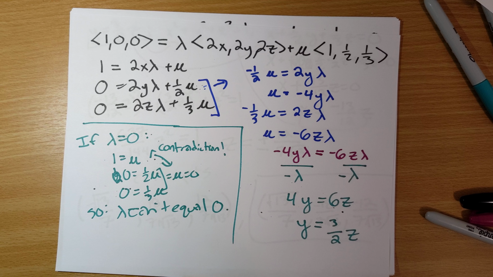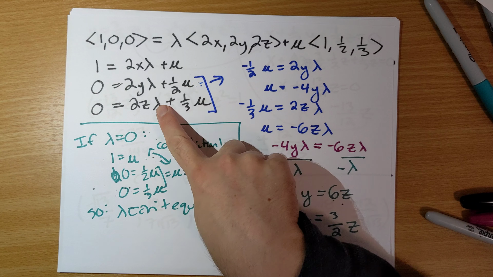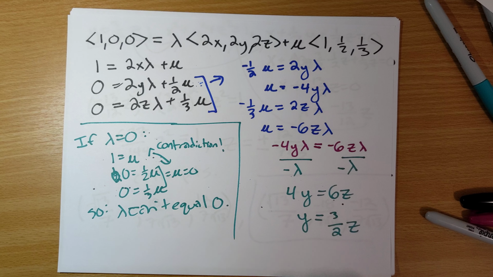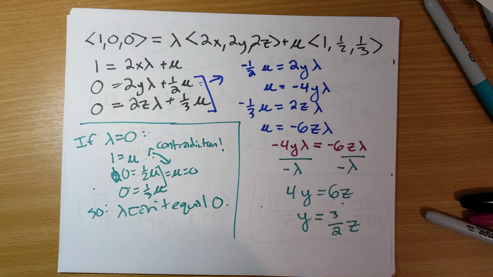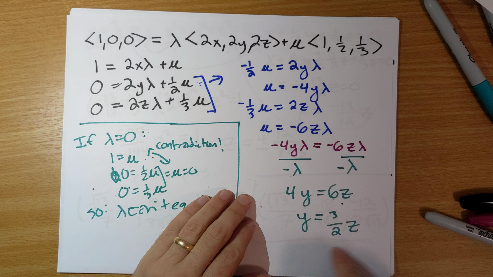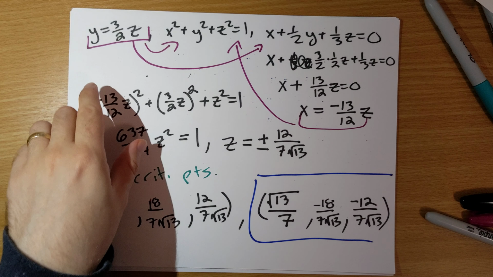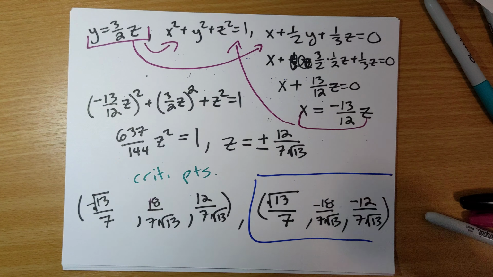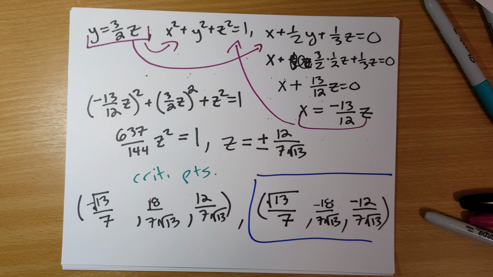The thing we tried to do was to get rid of mu and lambda as fast as possible. We were aided by realizing that lambda could not be 0 here. And as soon as we got it down to y is 3/2 z, we got it down to 3 equations in the original variables x, y, and z. We're trying to get rid of the Lagrange multipliers as quickly as possible.